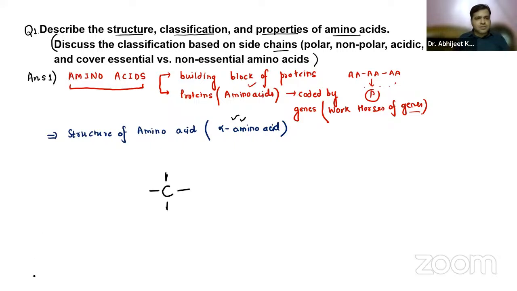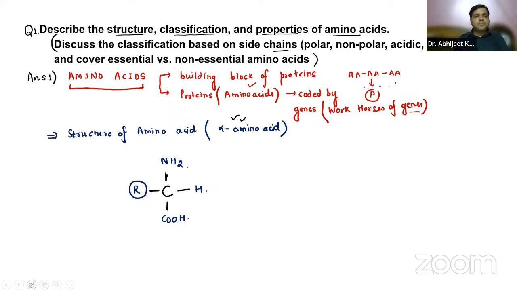So in this basic amino acid, one group, guys, is of ammonia, right? We have NH2, that is the amino group. Then we have the carboxylic acid group, right? We have the hydrogen group, and we have the R group over here.